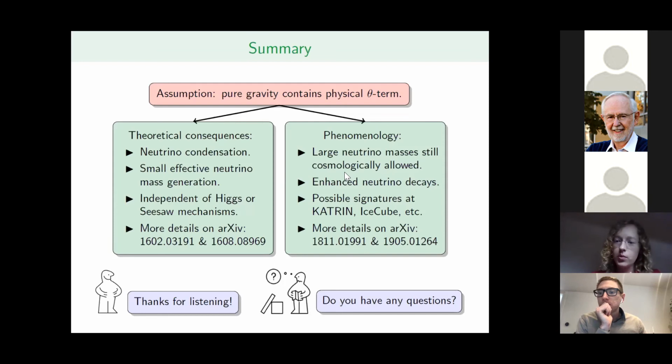The QCD one is only affecting the quarks because the gluons are only coupled to quarks and not to neutrinos. So we can't generate a neutrino condensate from the theta term in QCD, but we could generate it through a theta term of some gauge sector which is coupling to neutrinos. And one of these sectors is gravity. So that's the reason why we looked at this one.